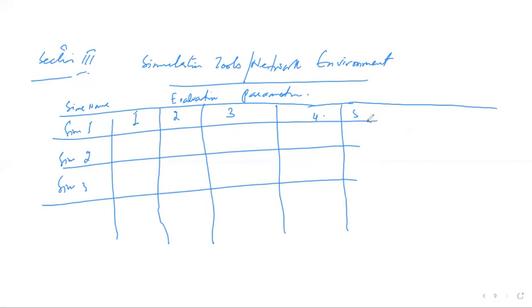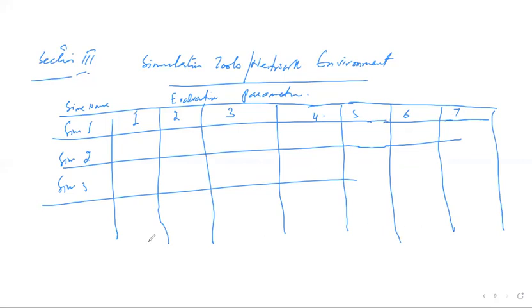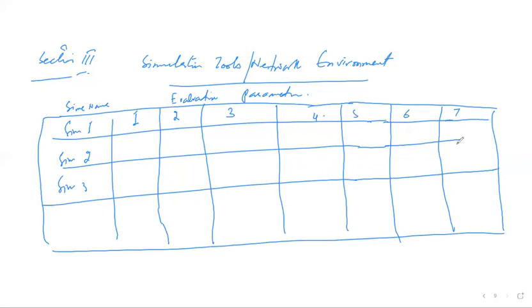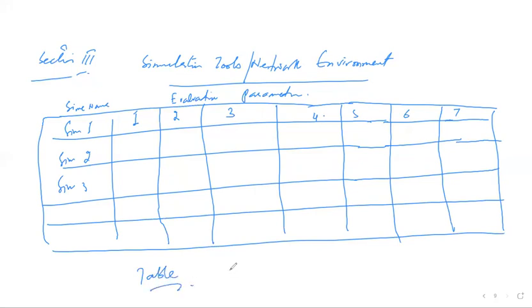You should have at least 5 to 6 or 7 parameters for this evaluation. So here is the table that you can draw to compare the simulation tools. And then onward the comparative analysis.